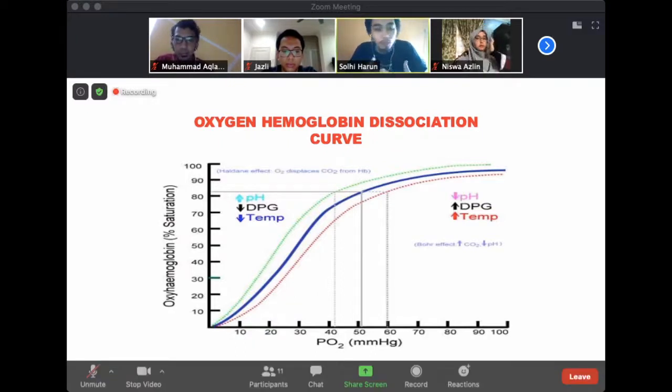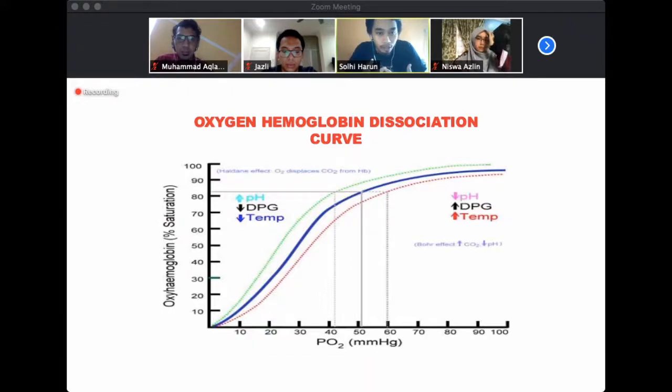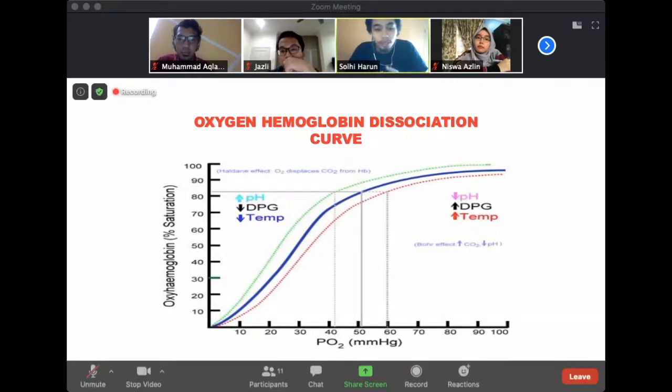In any hemoglobin molecule, we have 4 subunits. This depends on the type of hemoglobin, HbA, HbA2, or HbF. For example, in HbF, we have 2 alpha subunits as well as 2 gamma subunits.